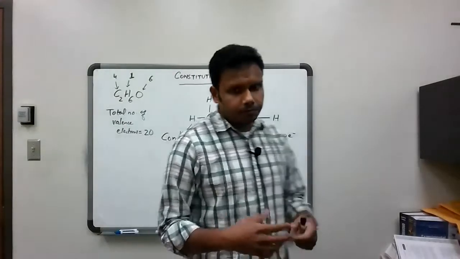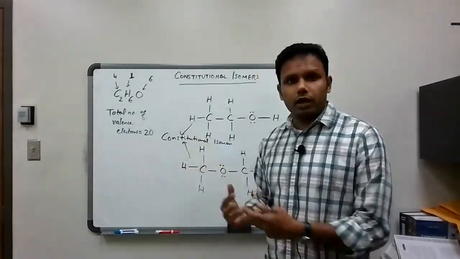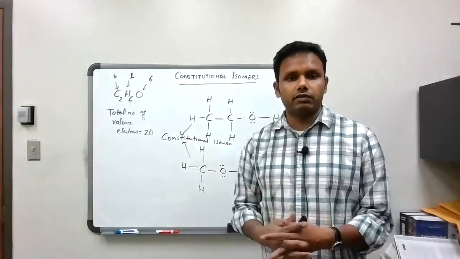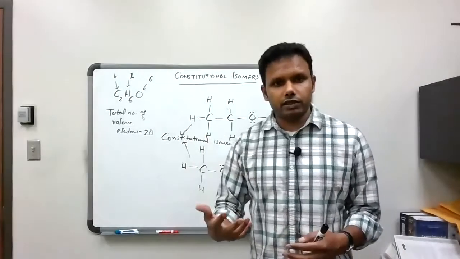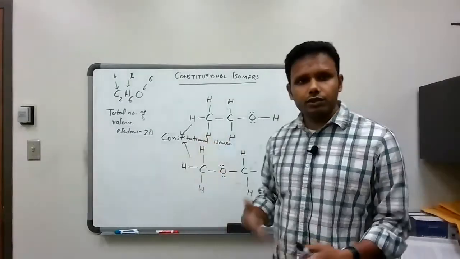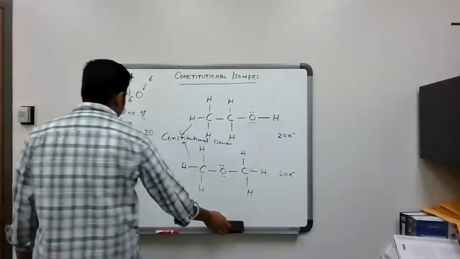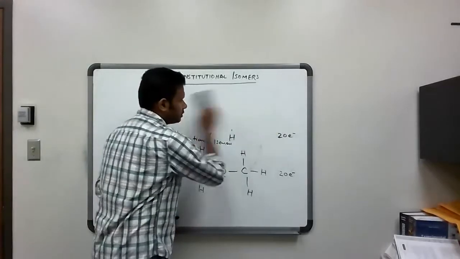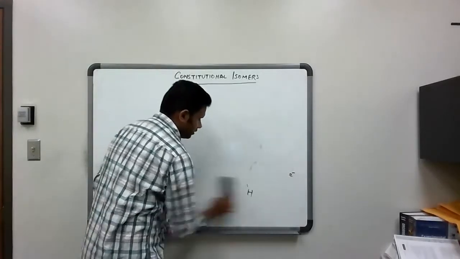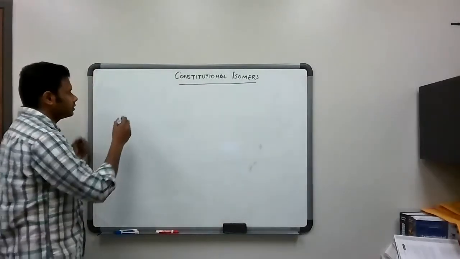And so what I would suggest is you should practice drawing out constitutional isomers for a given molecular formula, but you should be able to do it the other way around as well. If you're given 2 molecules, you should be able to predict if they are constitutional isomers of each other. So let's go ahead, try that out, okay? Let's do an example where we're going to predict if a given set of structures are constitutional isomers of each other, okay?